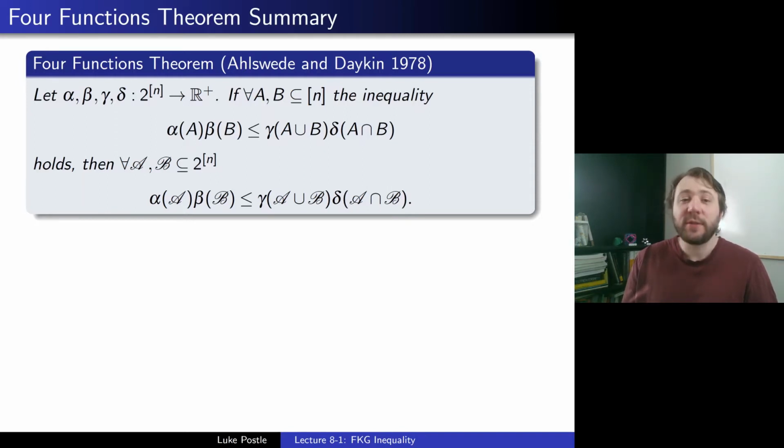So alpha of script A is the sum of alpha(a) over the elements in script A, and so on for the rest. So this was our famed Four Functions Theorem, which we proved last time.